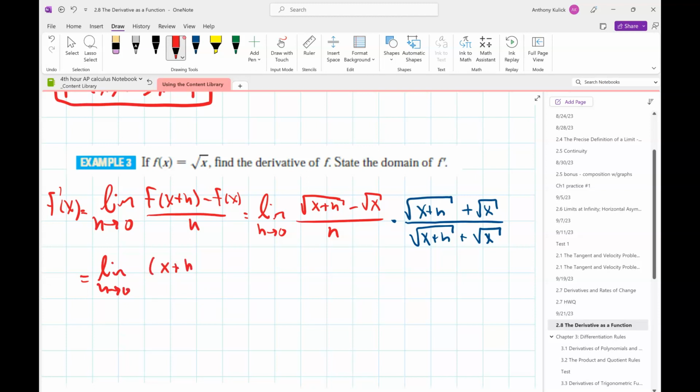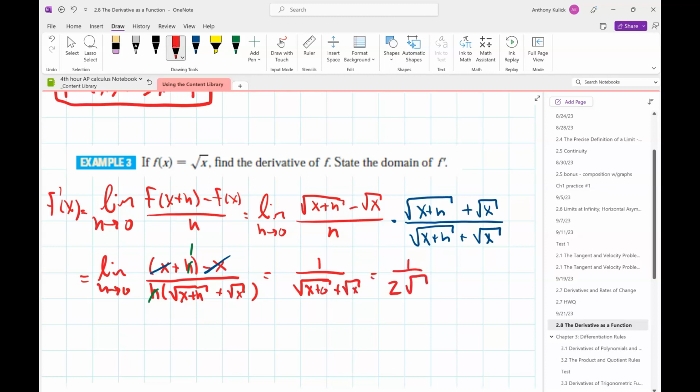So when I multiply that conjugate through, I get that. In the numerator, the x's cancel, and then I can reduce out the h. And when I do a direct substitution for h being 0, I get 1 over square root of x plus 0 plus square root of x, or 1 over 2 square roots of x.